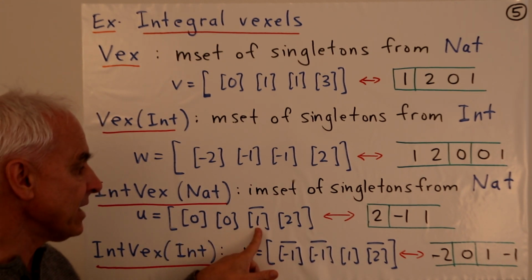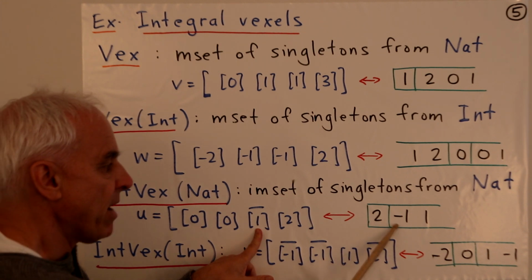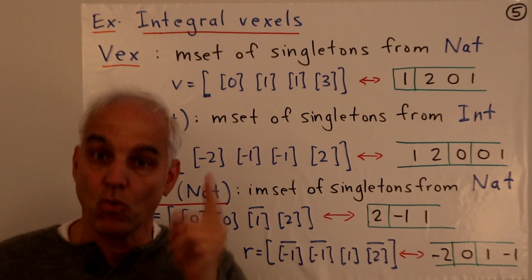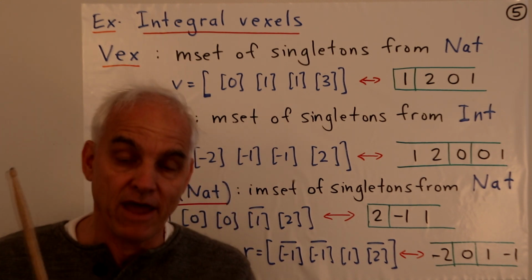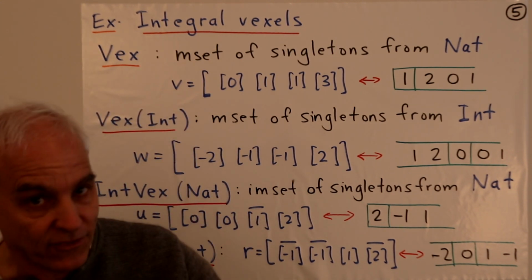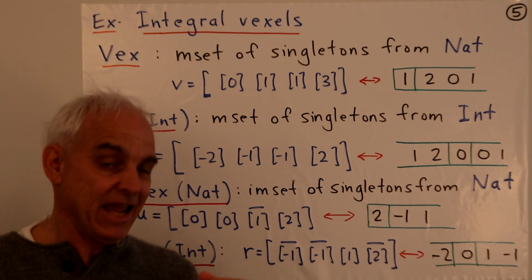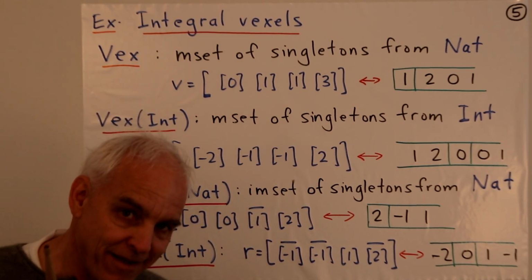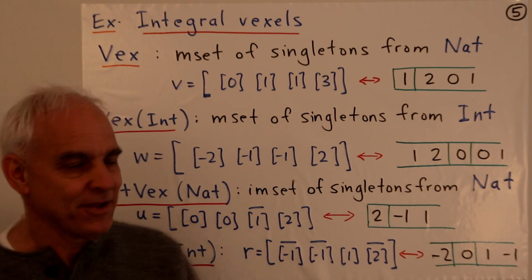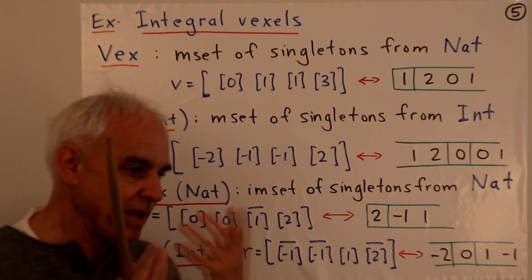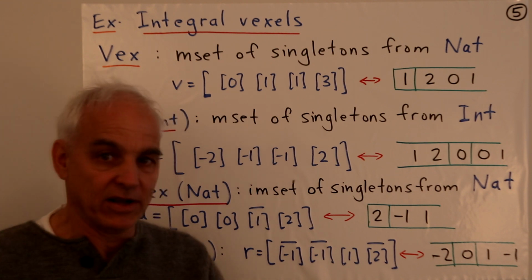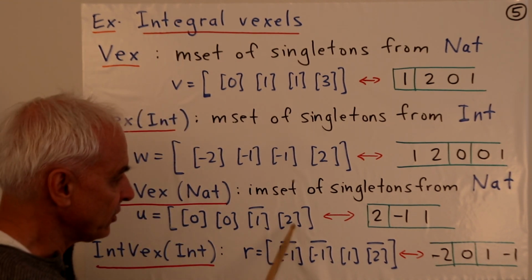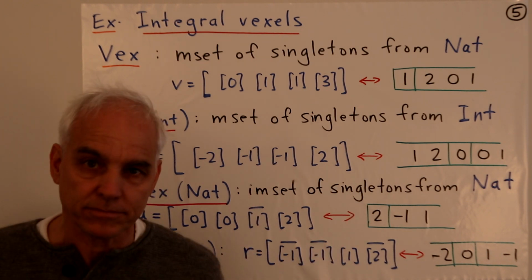The anti-singleton 1 is represented by this minus 1. Right? So this minus 1 now is telling us that instead of having 1 singleton 1, we have minus 1 singleton 1s, which is the same for us as having a single anti-singleton 1. So an anti-singleton 1 is playing the role of minus 1 singleton 1s. And that singleton 2 is represented by that 1 there.